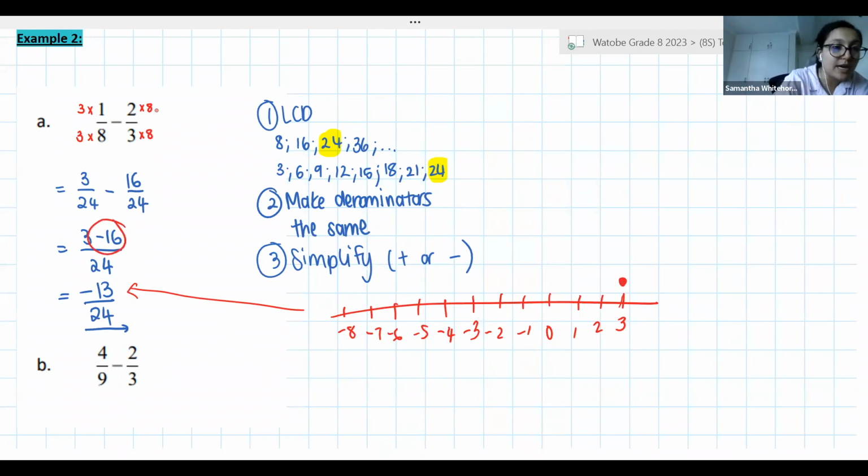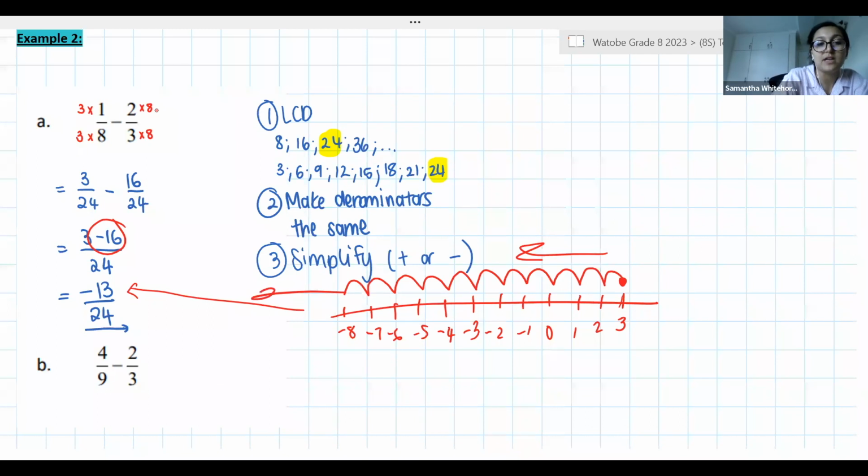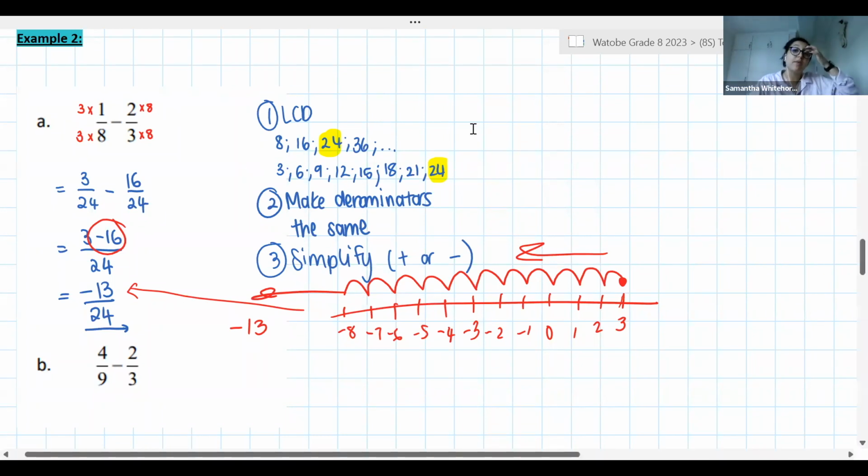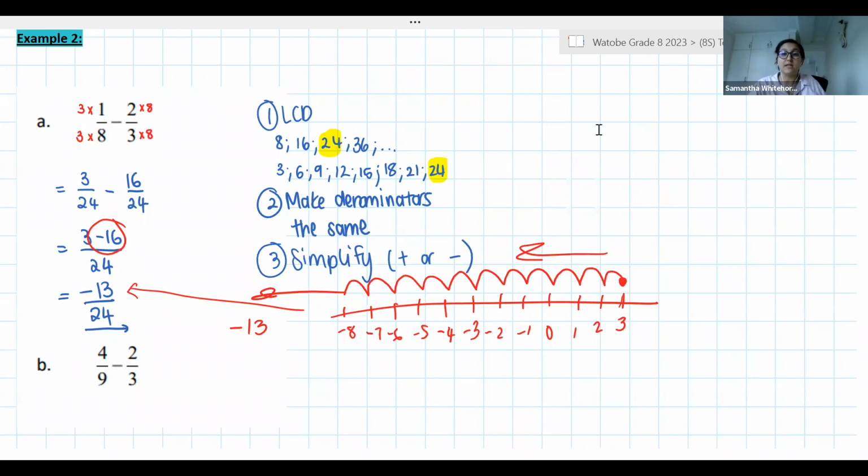I want to subtract 16, which means I need to move down my number line. So when I subtract 16, I'm starting to go into my negative integers. And so that is why my answer is negative 13, because I've moved down my number line. My answer has now moved into the negative region of my integers. I hope that makes sense.